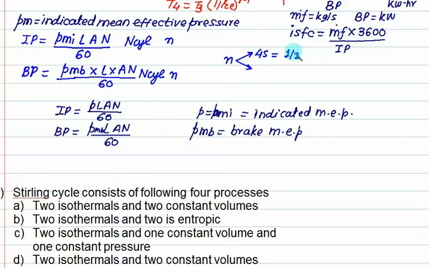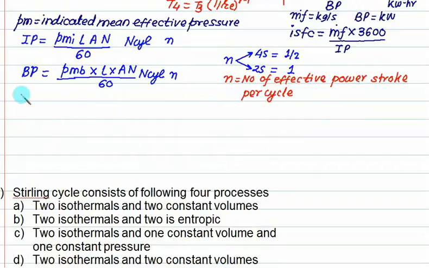After every 2 revolutions, you are getting 1 power stroke. And for 2-stroke, for every 1 revolution, we have 1 power stroke. Now this becomes the universal formula: number of cylinders multiplied by PLAN multiplied by small n. Now it will solve all cases, a single cylinder, multi-cylinder, 2-stroke or 4-stroke.